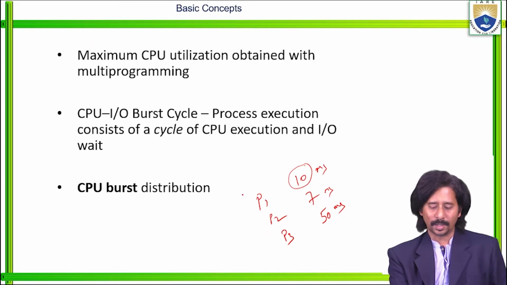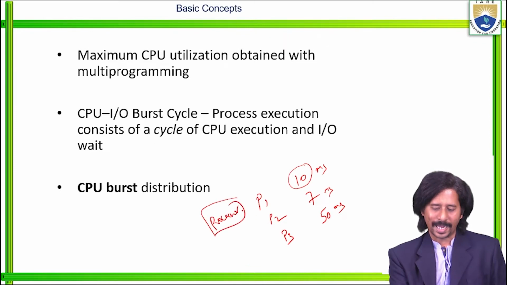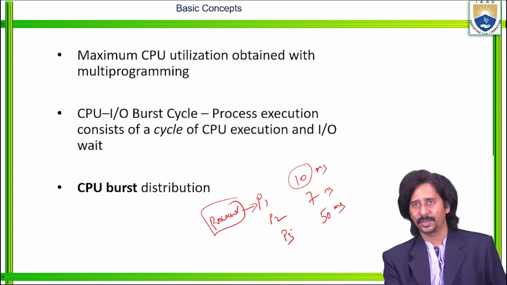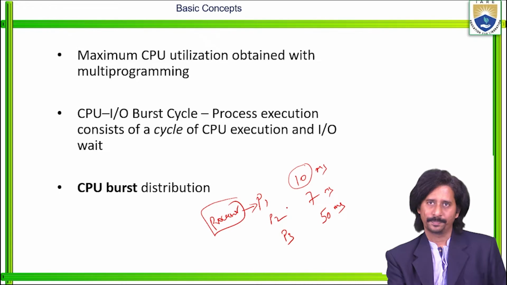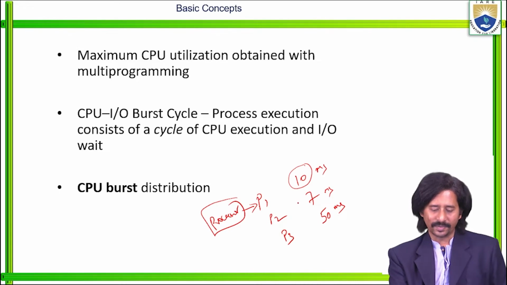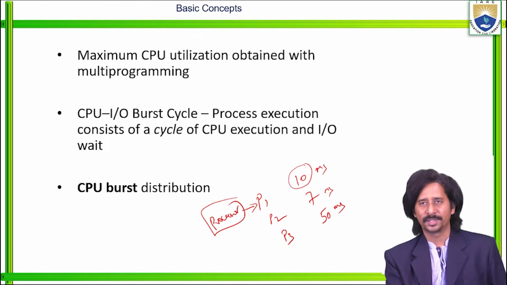Once the processor accesses a process for execution, it takes 10 milliseconds to execute it. That is what we call the CPU burst cycle. So what is the IO burst cycle?